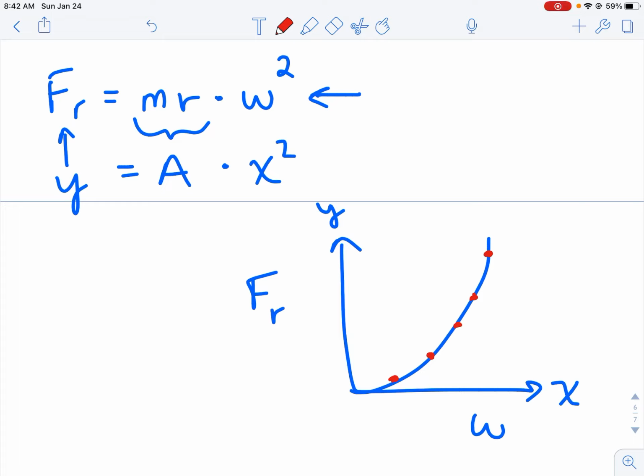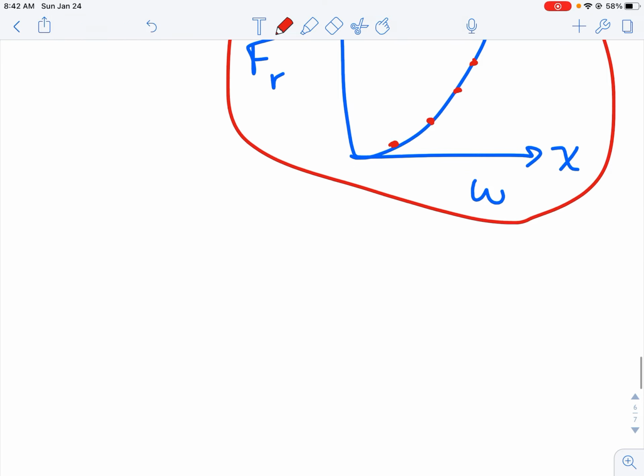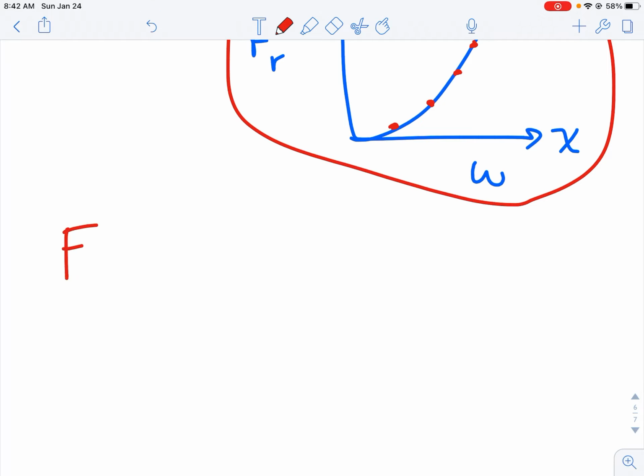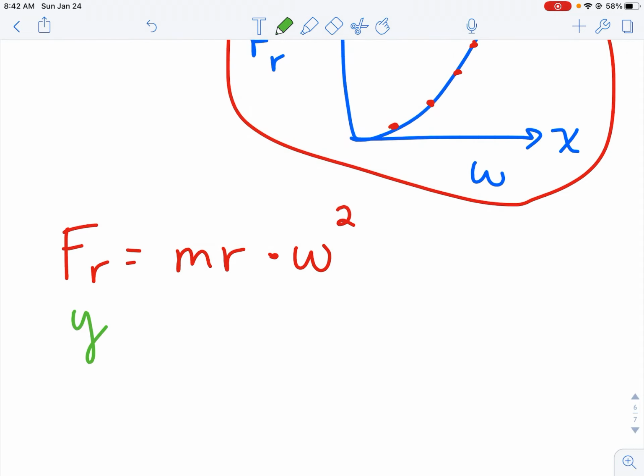Okay, now let's talk about if we want to linearize the graph, how would we do that? How would we take this graph and make it into a linear, not just linear, but proportional relationship? All right, we're going to linearize it. So what we need to do is take our mr times omega squared, and we need to turn this into y equals ax plus b.